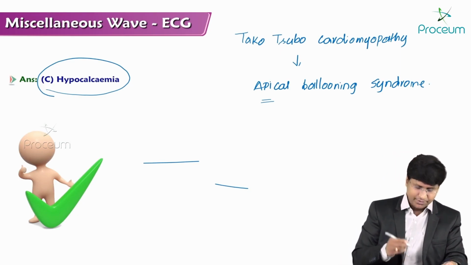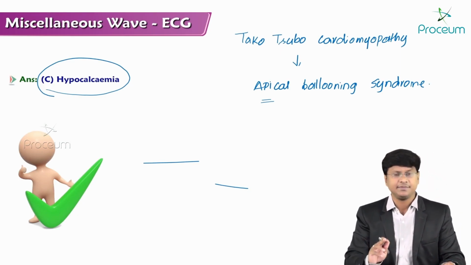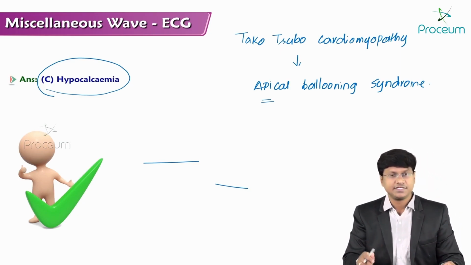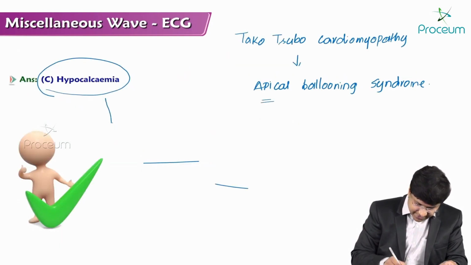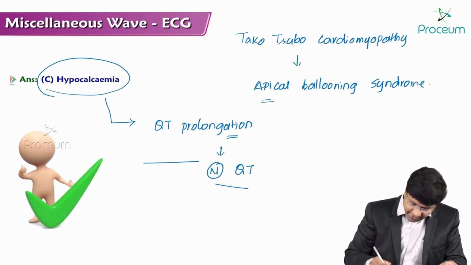Next, coming to hypocalcemia. In hypocalcemia, you will not have the J wave or the Osborne wave. What you will have is QT prolongation. That will be the ECG change in hypocalcemia. What is a normal QT interval?